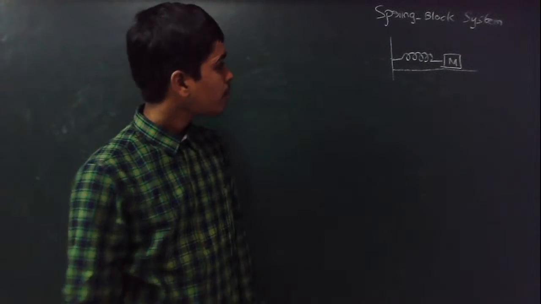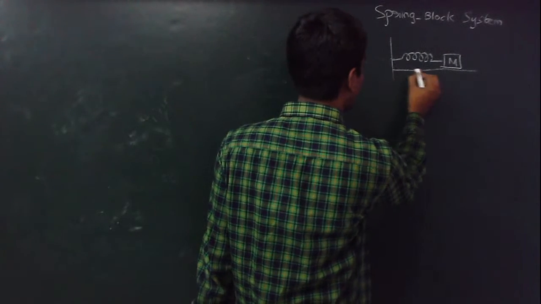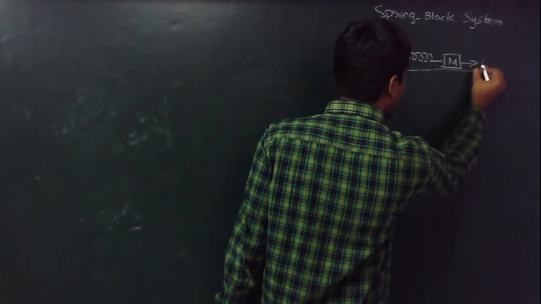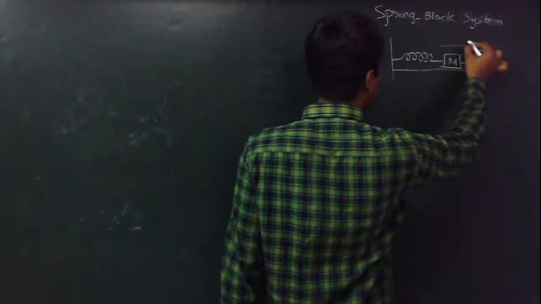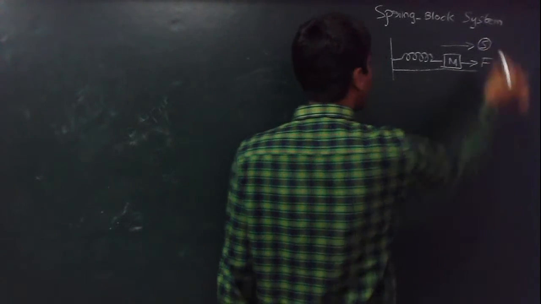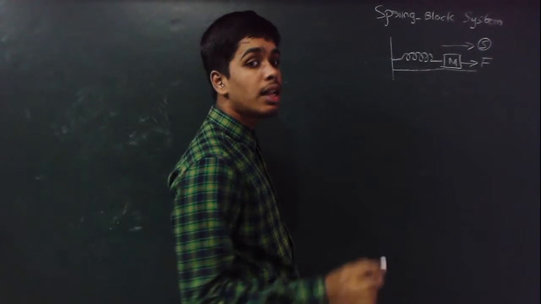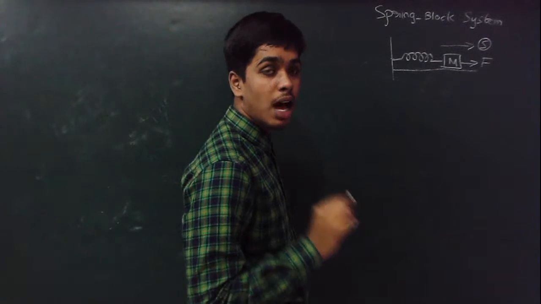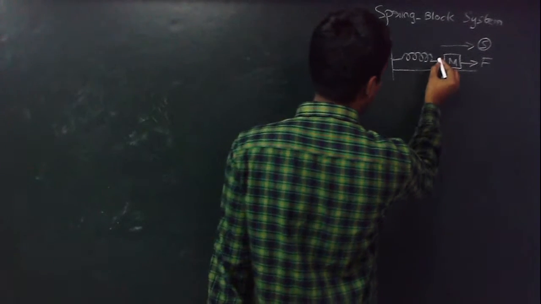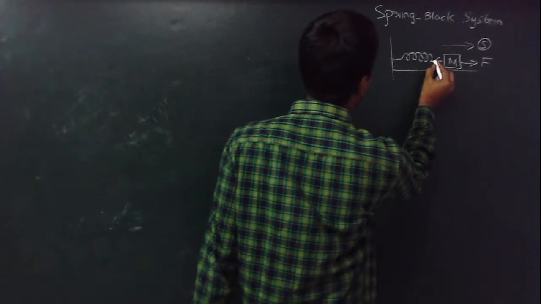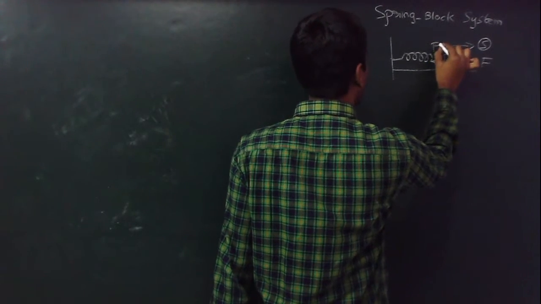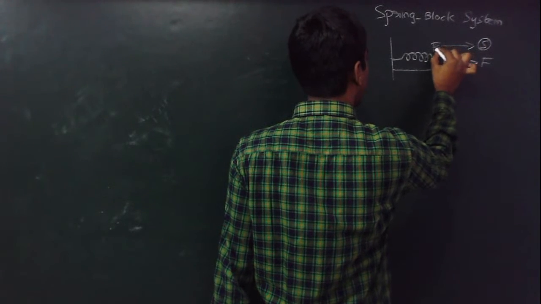If we apply an external force F, the object moves the same distance as the applied force, but the spring will act in the opposite direction because it acts as a restoring force.